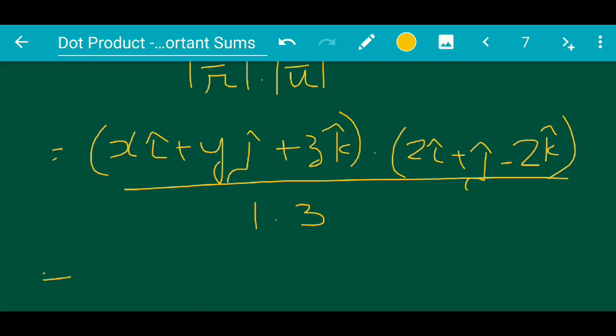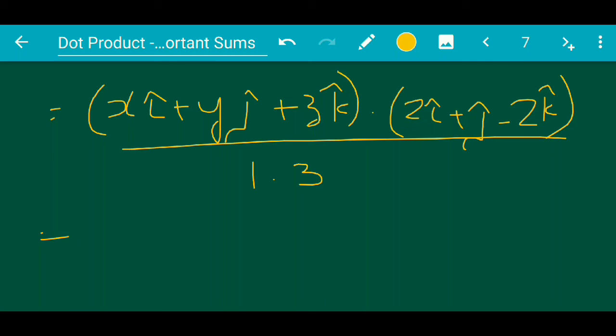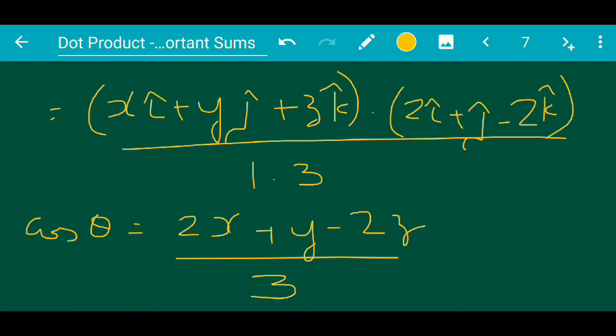So this value, that is cos theta, let us write here cos theta. So cos theta is equal to, taking the dot product, 2x plus y, you know how to find the dot product, isn't it? Minus 2z upon 3. Suppose this is statement 1.